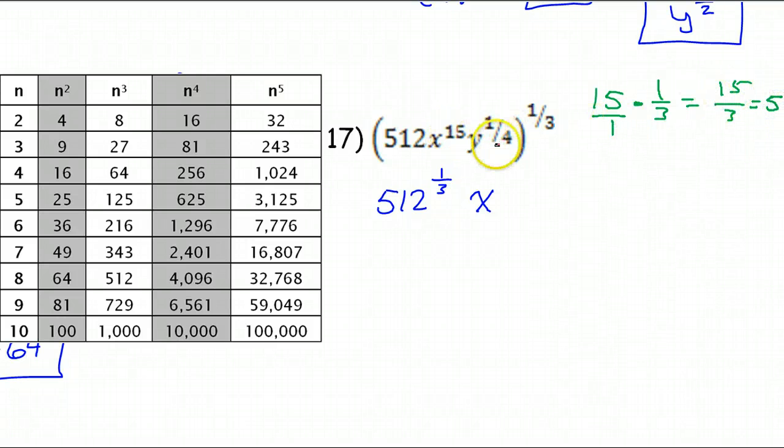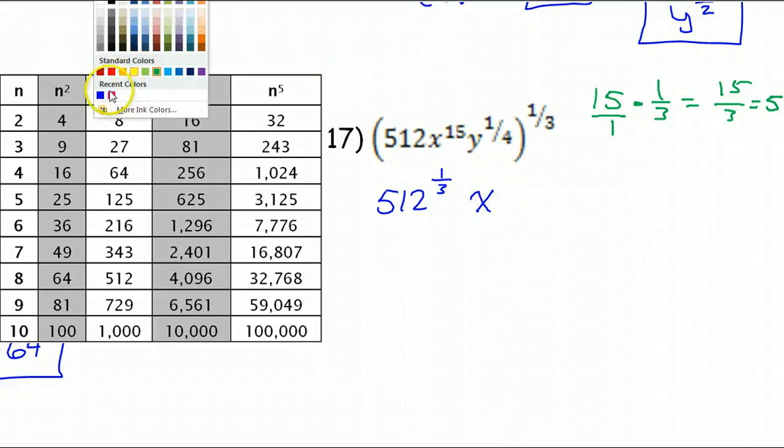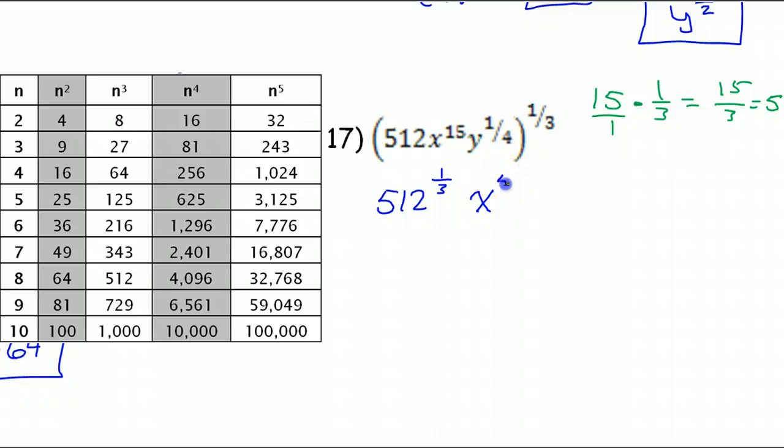So this is just going to be 5. Right here, okay? Now, similarly, the y's I have to multiply, but 1 times 1 is 1, 4 times 3 is 12, so that'll just be y to the 1/12 power. Again, I multiplied. So this is almost the answer. I just need to deal with this guy right here.